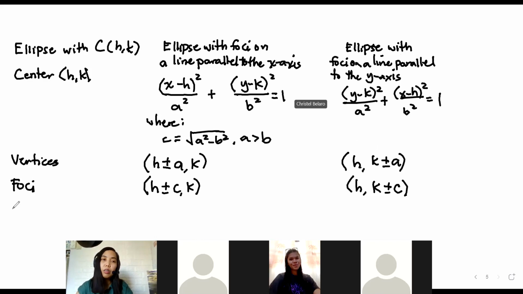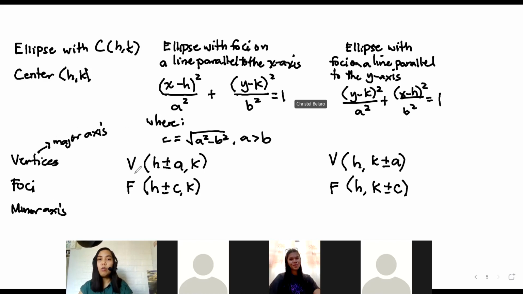And then, coordinates ng minor, so this is for B, B prime. This is the endpoints of minor axis. This is the major axis.